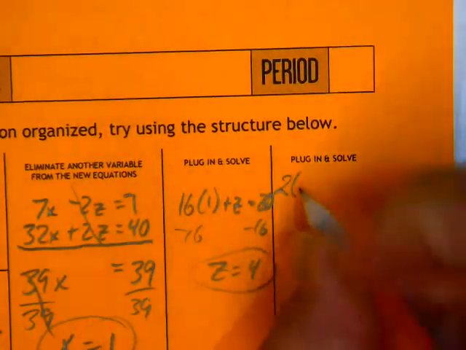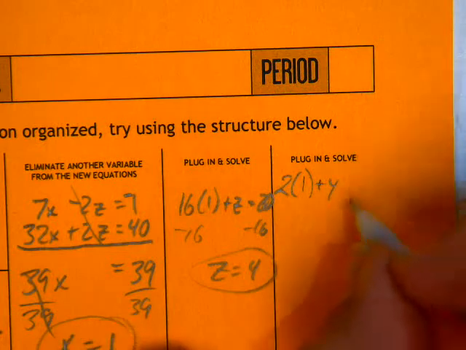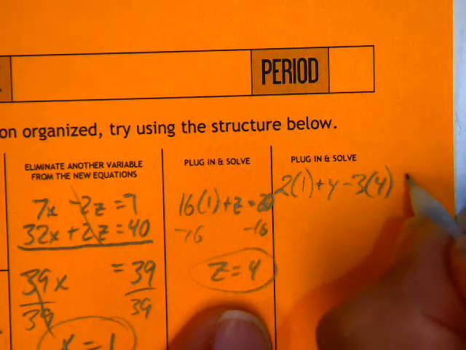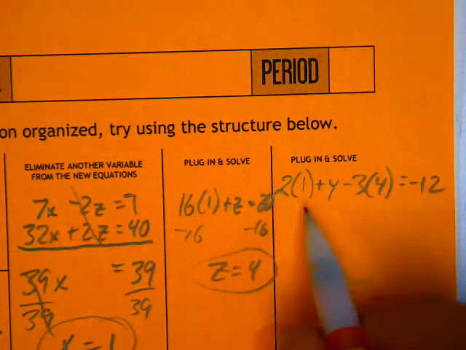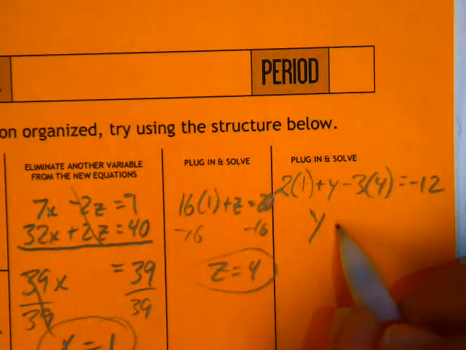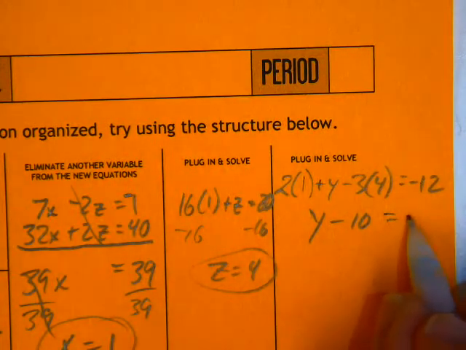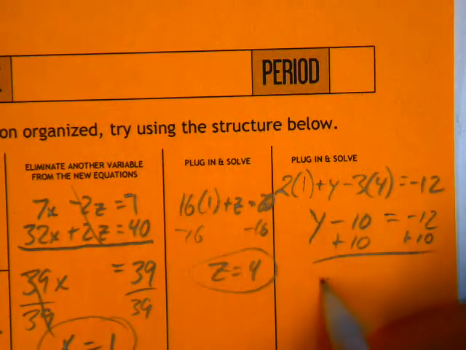We're going to say 2 times 1, which is our x value, plus y, which is what we're solving for, minus 3 times 4 equals negative 12. Okay? 2 minus 12. So 2 minus 12 is a negative 10. Okay? Equals negative 12. And the last thing we got to do is add 10 to both sides. I get a y is equal to negative 2.